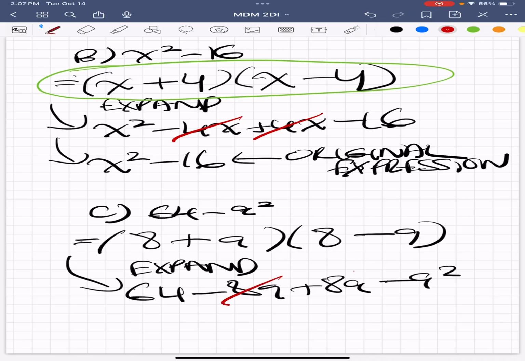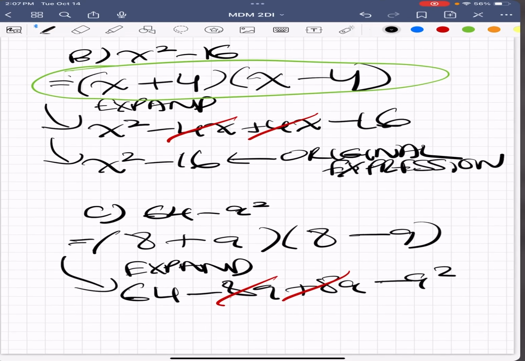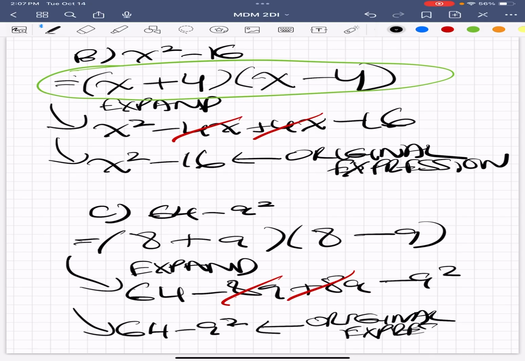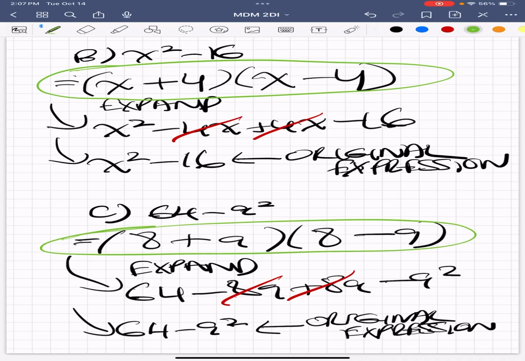Then we cross out minus 8a and plus 8a because they cancel each other out. 64 minus a squared is the original expression, and then we have our answer.